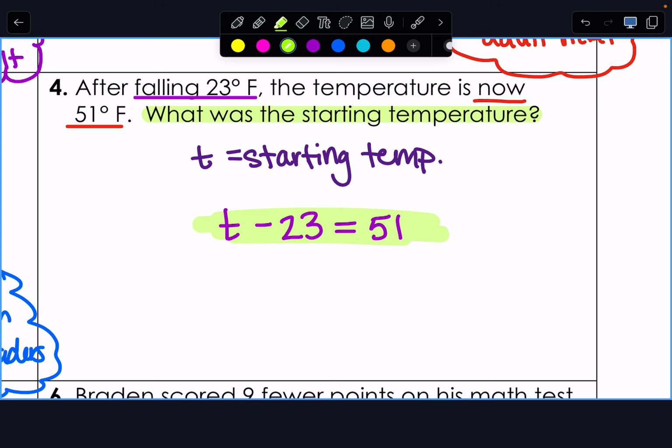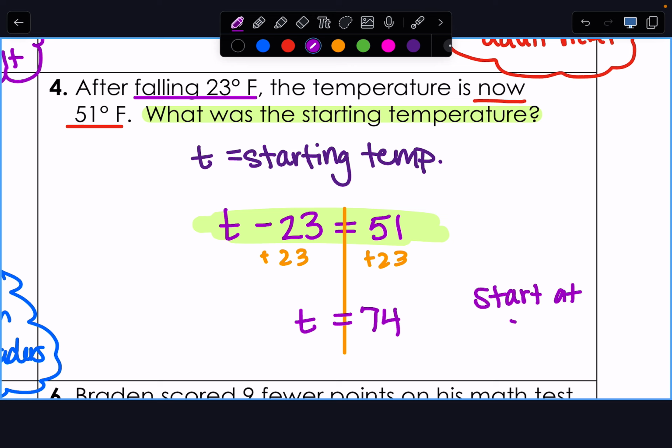I know that you can logic your way through, I need to add 23 to 51, but I need to be able to see you set up the equation. We get T equals 74, right? Okay, but answer the problem. We start at 74 what? Degrees. Then that's the answer.